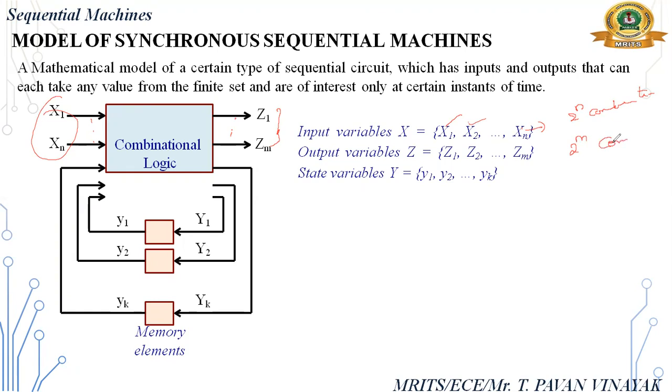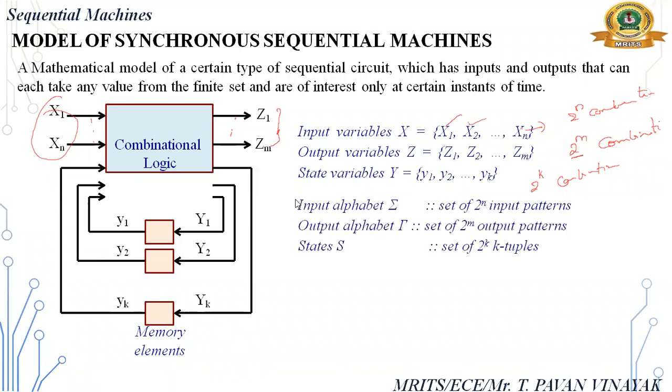Maximum 2 power m combinations. And state variables 1 to k means 2 power k combinations will be available. So states are 2 power k.